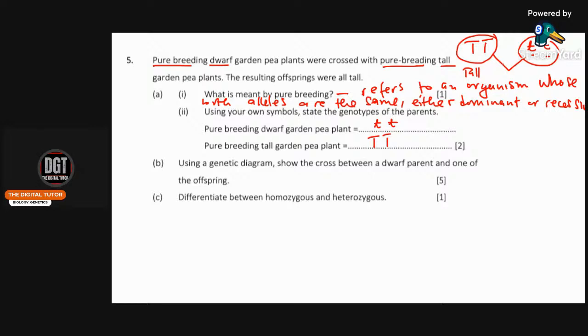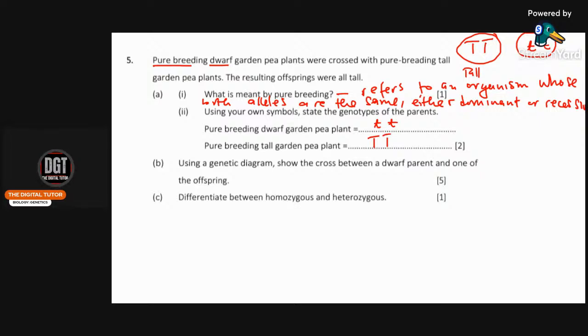So for height, which is tall, we are going to use capital letter T, and for dwarf, we are going to use small letter t. Now, the first question is what is meant by the term pure breeding?